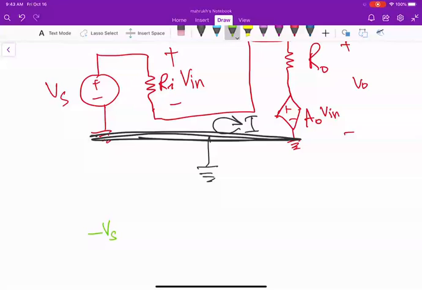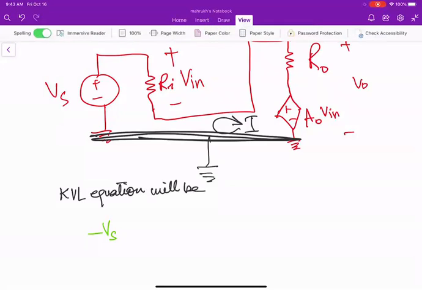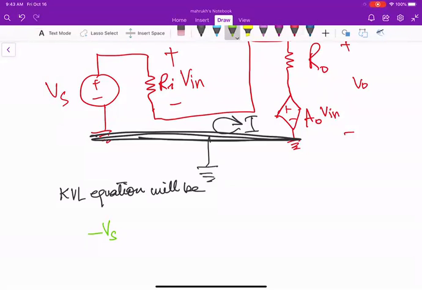minus Vs plus IRI plus IR naught plus A naught Vin.